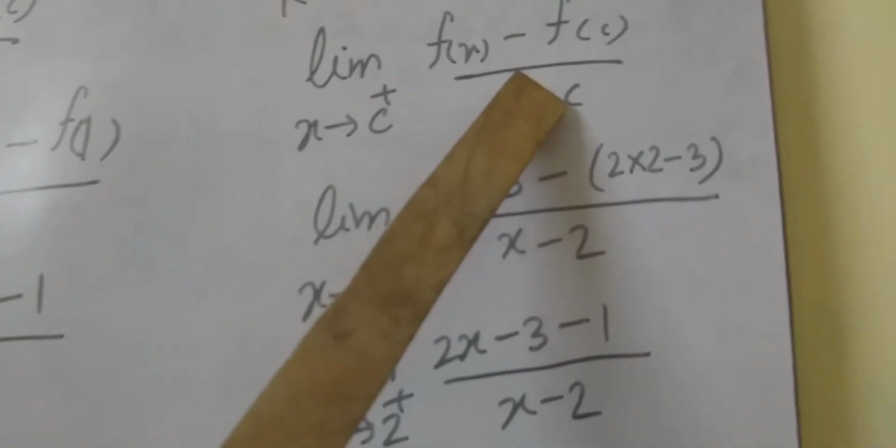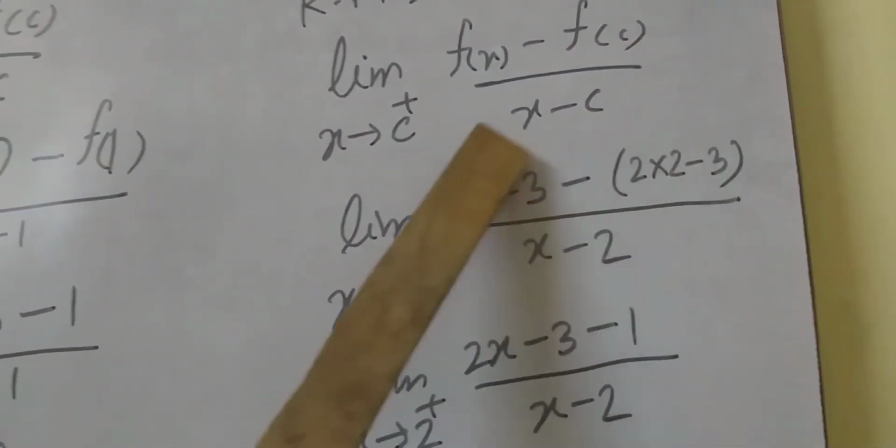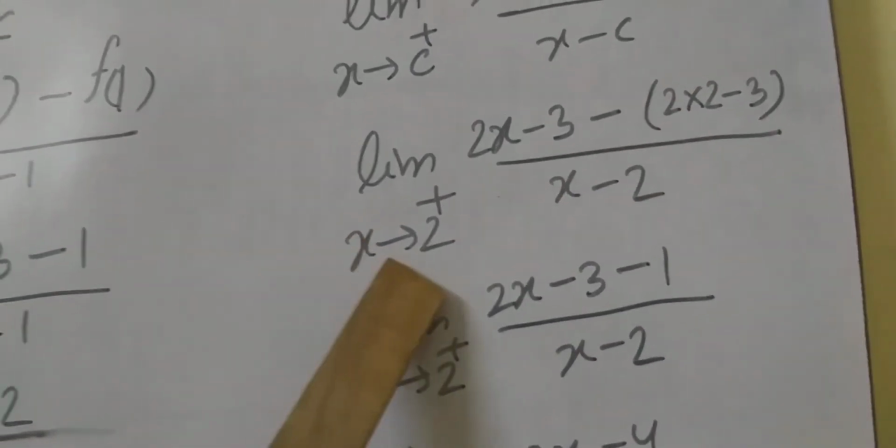RHD at x = 2: limit as x tends to 2 from the right of (f(x) − f(c))/(x − c).